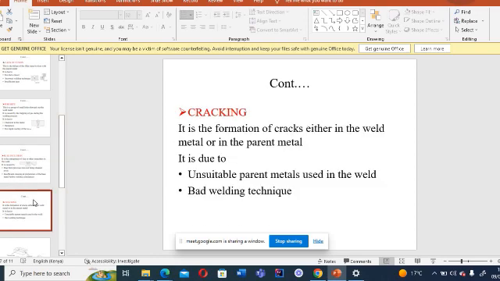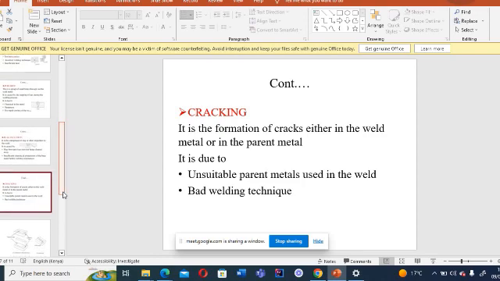Another defect is cracking. After welding, due to the rapid cooling and maybe the dissimilar metals, or using a rod that is incorrectly used, you find the weld part cracking.